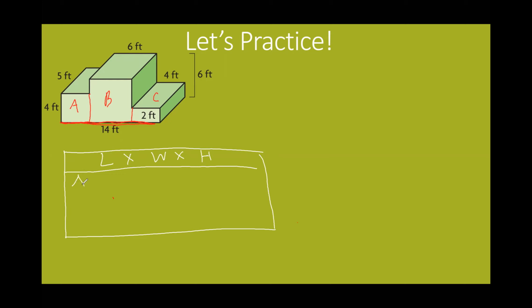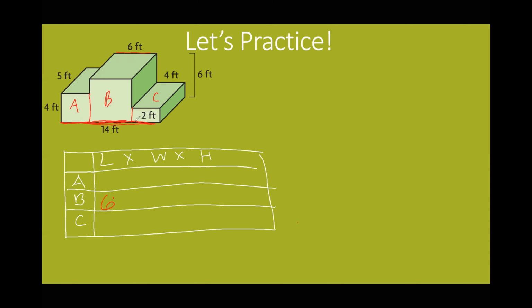I've got A, B, and C. Do you have to do this? No, of course not. The length of A, I don't know it yet. Do I know the length of B? Yeah, I do. Look, it's 6. The length of B is 6.